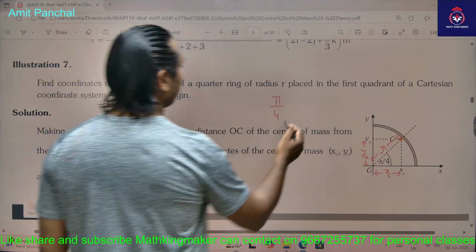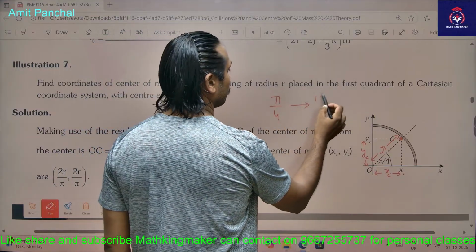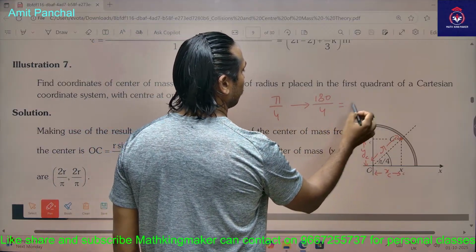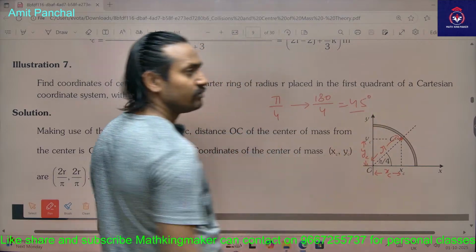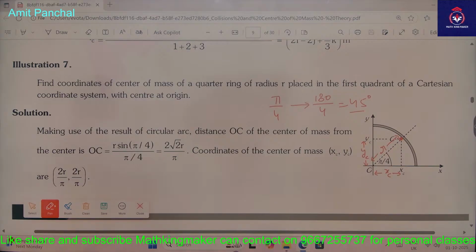If you are converting it into degrees, just put 180 in place of pi. So that will be given as degrees. If it is degrees, just divide it by 180, that will be converted into radian.